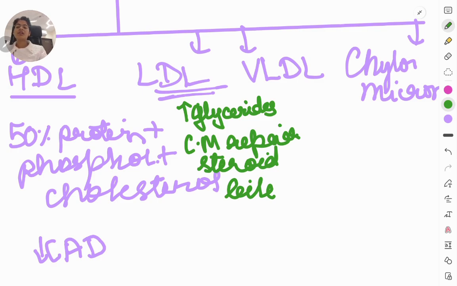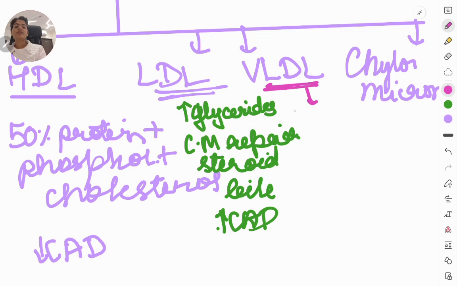It has the role opposite to HDL. It is taking the cholesterol from the liver towards the tissues, right? Thereby it would be increasing the risk of coronary artery disease.